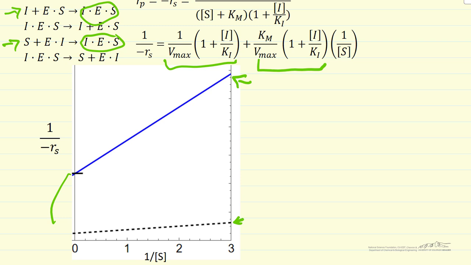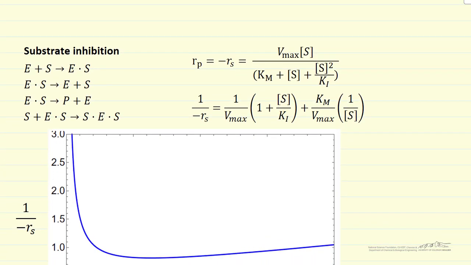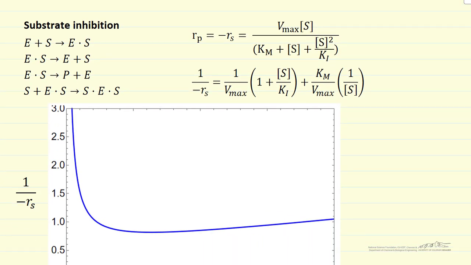Let's look at the final type of inhibition, where the substrate itself inhibits the rate. The substrate reacts with the enzyme-substrate complex, and it makes something that's inactive. The rate expression here looks like this, and now if I try to make a plot that's linear, we see that the intercept depends on the substrate concentration.